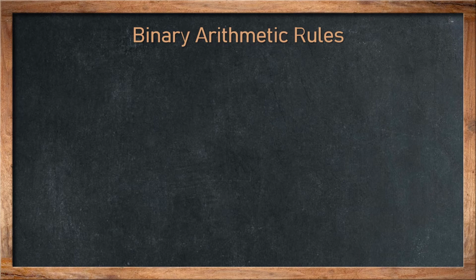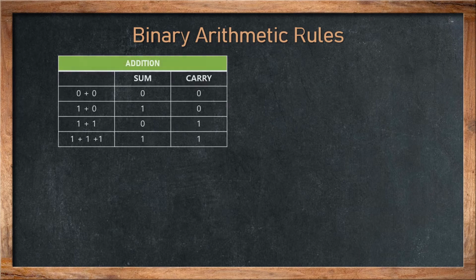Okay, now let's see some binary arithmetic rules. As we know, in mathematics we have 4 basic operations: addition, subtraction, multiplication and division. In a similar way we have all these operations on binary numbers, but here we have some different rules to perform them. Let's start with the first operation, addition.